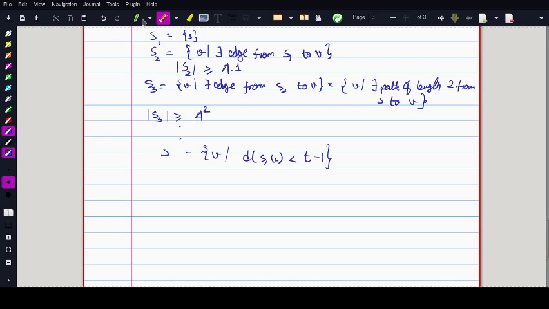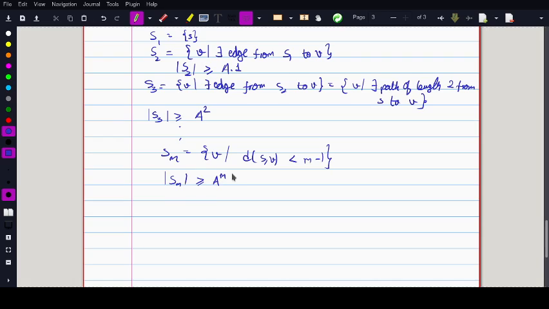Let's call it Sm. We'll have this, and we know that the size of Sm would be greater than or equal to a power m, in fact m minus 1 again.